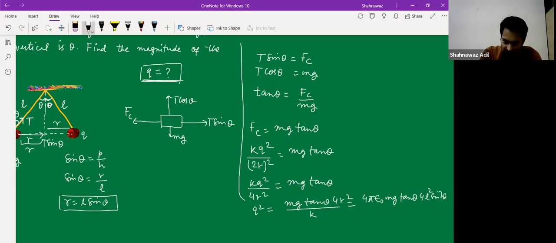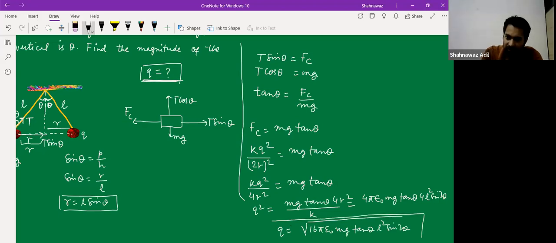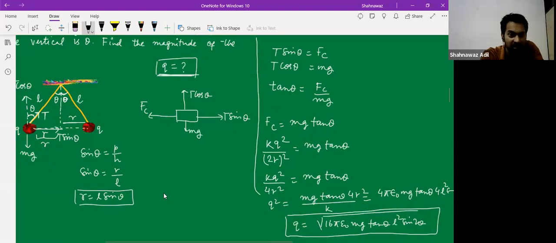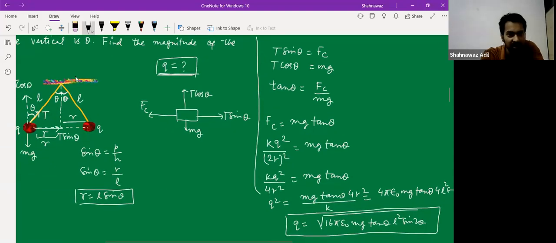So q is root of 16 pi epsilon naught mg tan theta L square sine square theta. Right, so this is the answer. Okay, any doubt in this question, guys? We just use the equilibrium, Coulomb's law, and the tension, right?